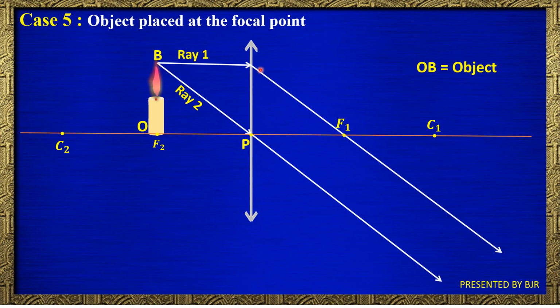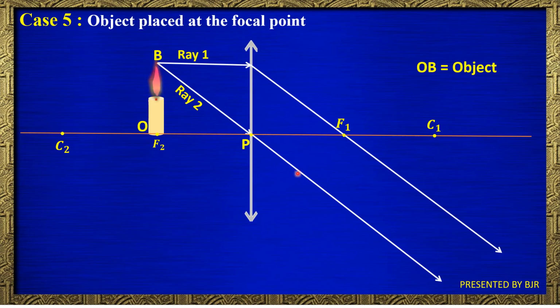See here, this one is the first refracted ray and this one is the second refracted ray. Observe very carefully, these two refracted rays are almost parallel to one another. Okay, so if you extend these parallel rays up to infinity, they may not meet. So here the image is ambiguous.